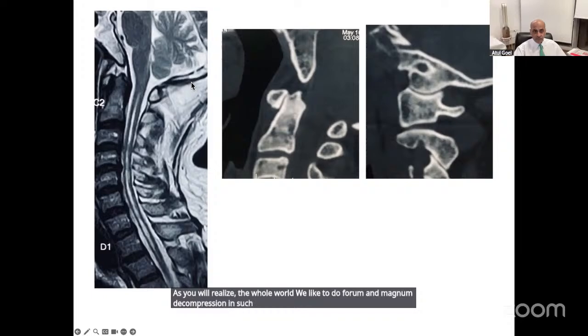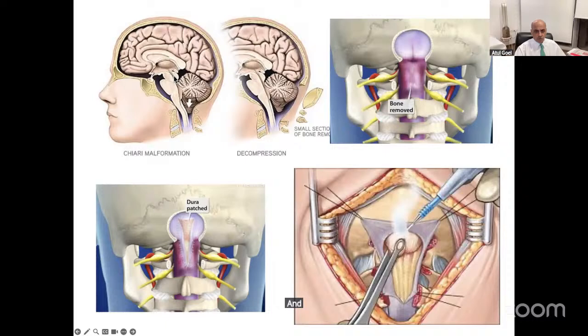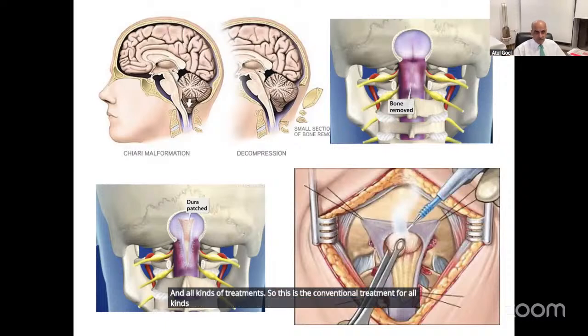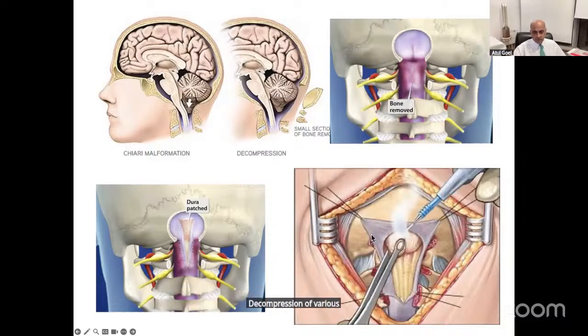This is the treatment. We described in 1998 that there is no need to remove the bone. Some people remove the bone, some people do not remove the bone, some people open the dura, some people patch, and all kinds of treatment. So this is the conventional treatment for all kinds of Chiari. Decompression of various kinds, tonsillar resection, plugging of the obex.